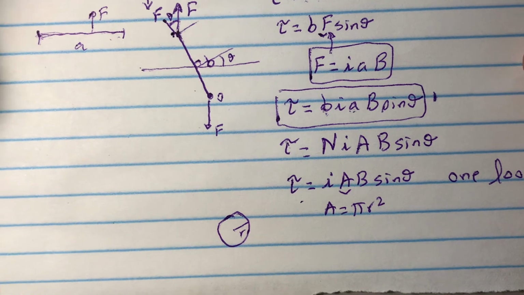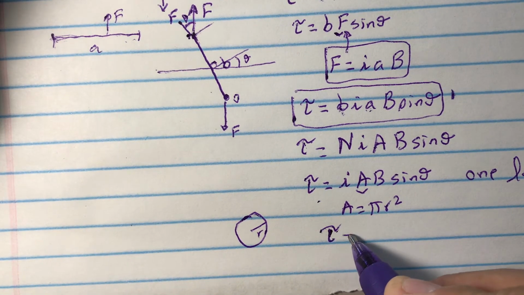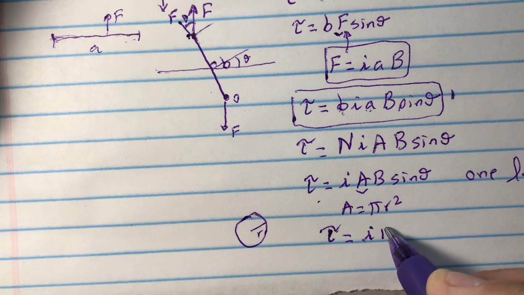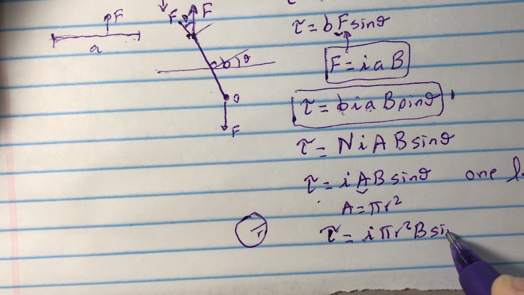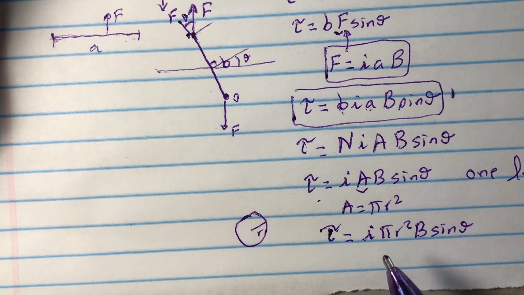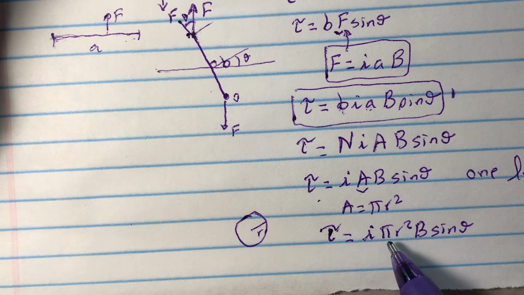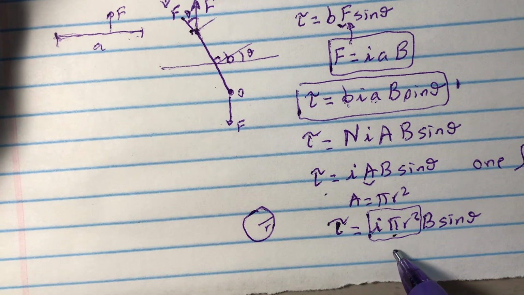And now we're going to have the torque is equal to I pi r squared B sine theta. Now what's so interesting, this pi r squared I is called the magnetic moment. They call it mu.